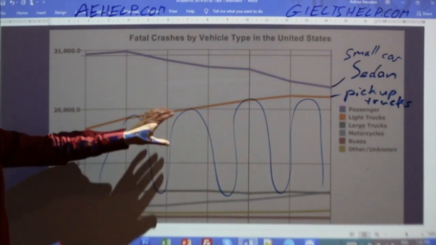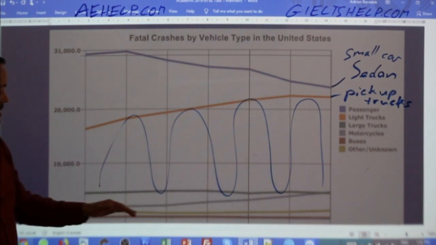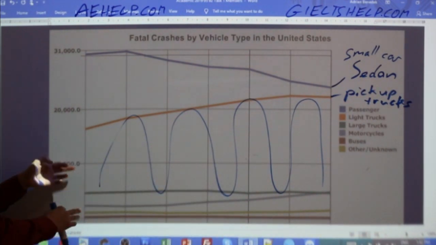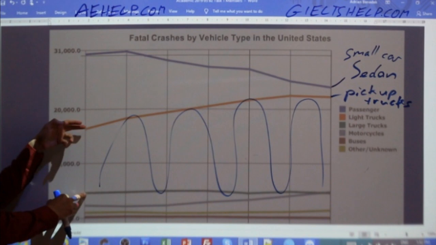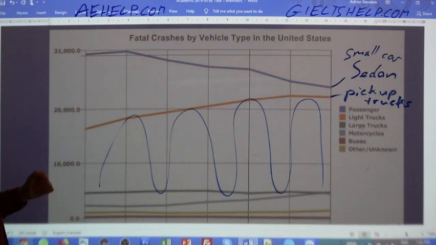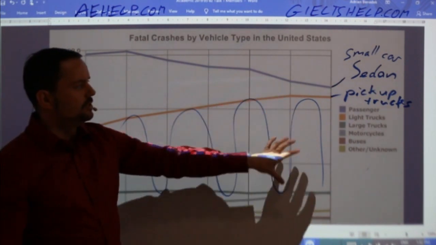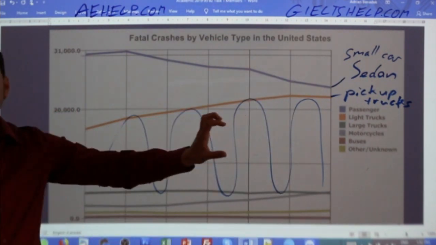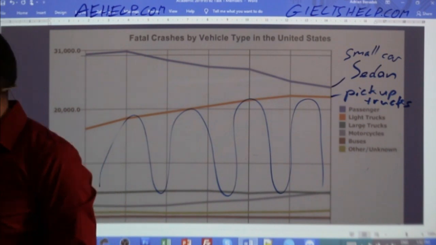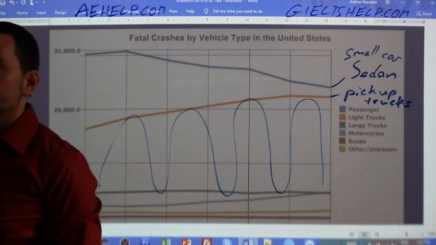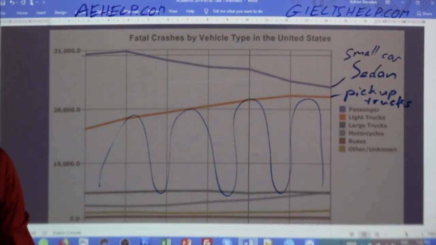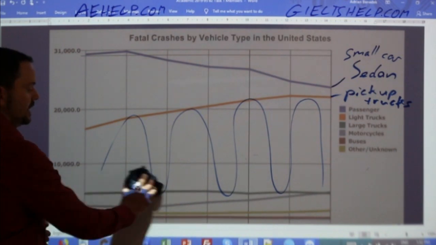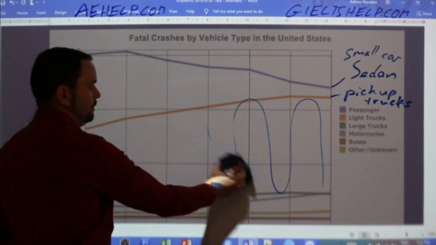Okay, so these 2 lines and these 4 lines, they're separated by, I don't know, 10,000, 15,000 deaths, even at the start of the line graph. So that's what you need to focus on and identify, okay? That you have 2 vehicle types that result in a lot more fatalities than the other 4, okay? That's really what you should be picking up.